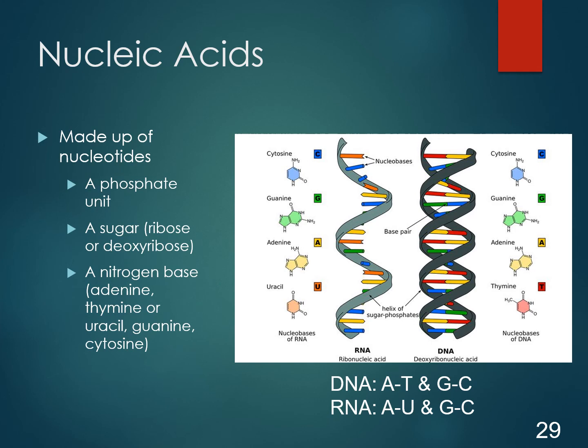Lastly, coming into the home stretch here, we're going to talk about nucleic acids. There are 2 forms of nucleic acids. One form is deoxyribonucleic acid, DNA, and the other type is ribonucleic acid, RNA.